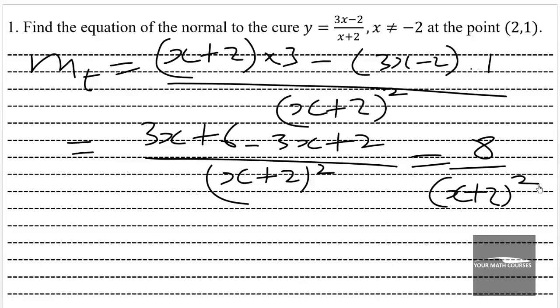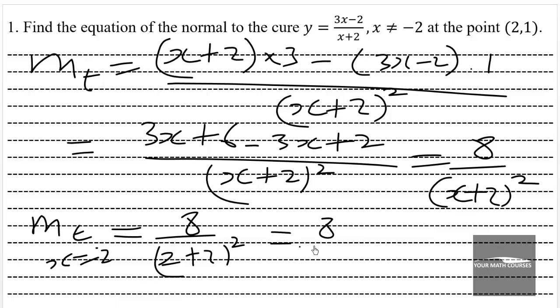So at x equals 2, the gradient of the tangent will be equal to 8 over (2 plus 2) squared. That will be equal to 8 over 4 squared, which is 16, or 1 over 2. So the gradient of the tangent is 1 over 2.